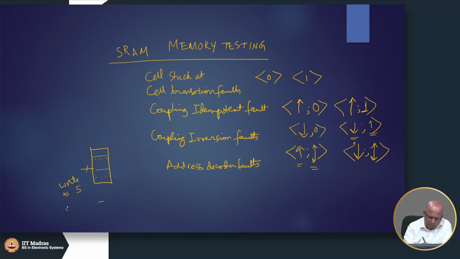Similarly, read from 5. It may read from a wrong location, or it may try to read from 2 different locations at the same time, and as a result some garbage will be read. Then there could be bridge faults.